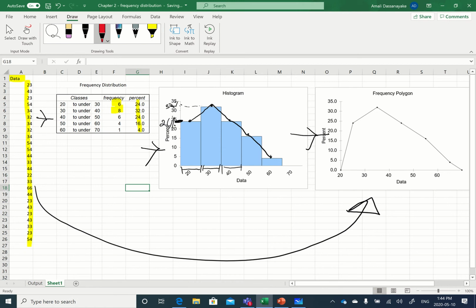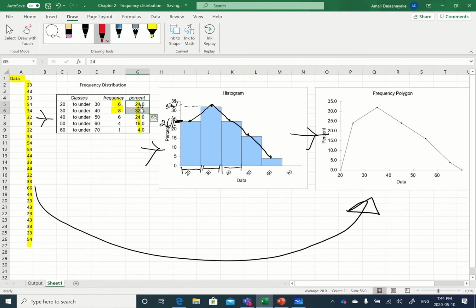Center means 50% of the data should be below that number, 50% of the data must be above. When I look into these percentages on the frequency distribution, if I add the first two, those two are around 56.